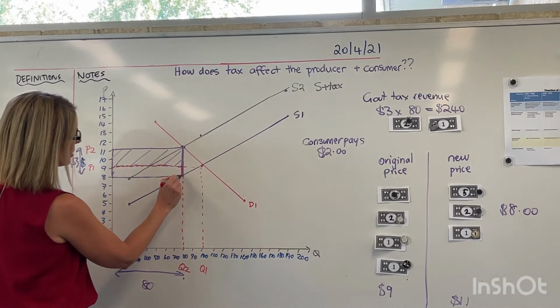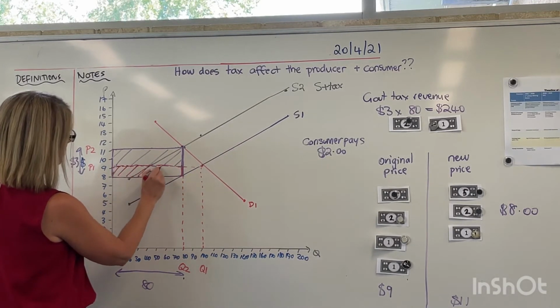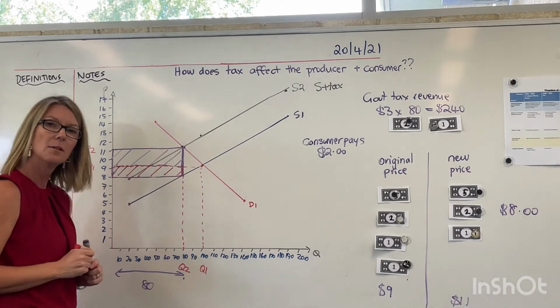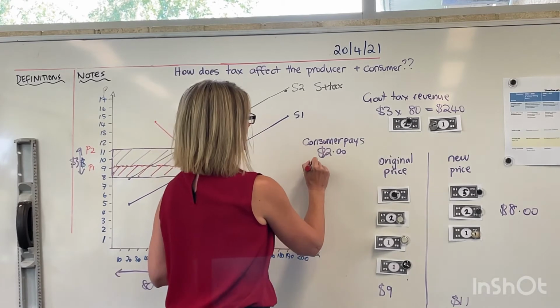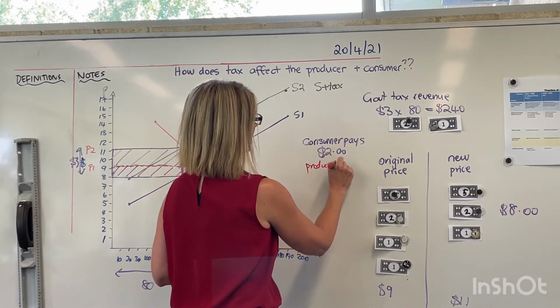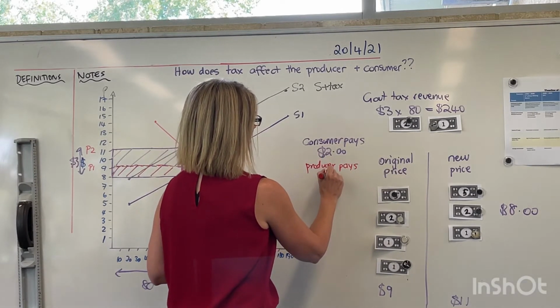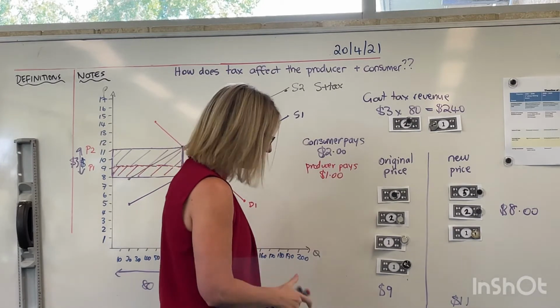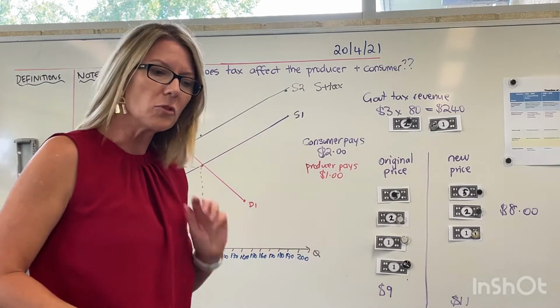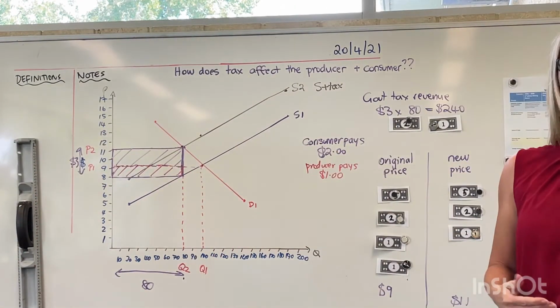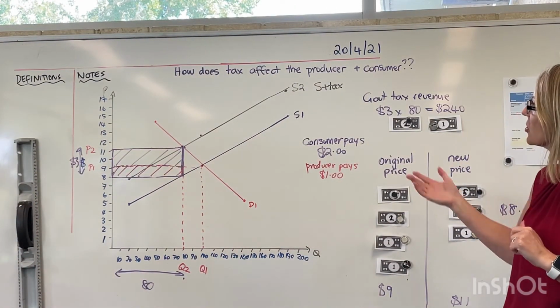Coming down that extra dollar on that tax revenue box, which is equal to $8, that's the producer burden of the tax. So the producer pays $1.